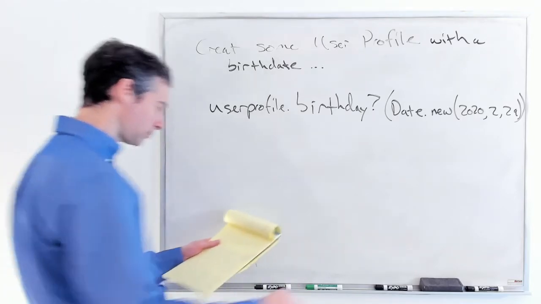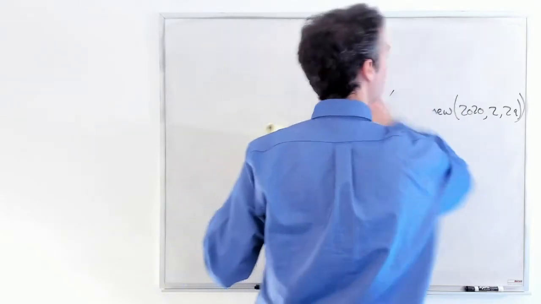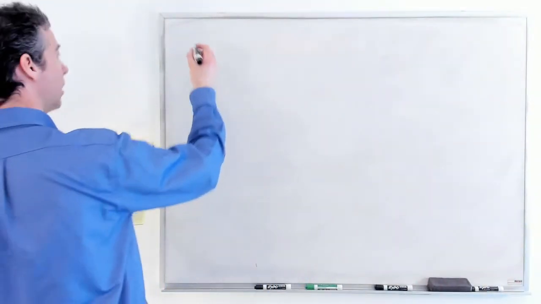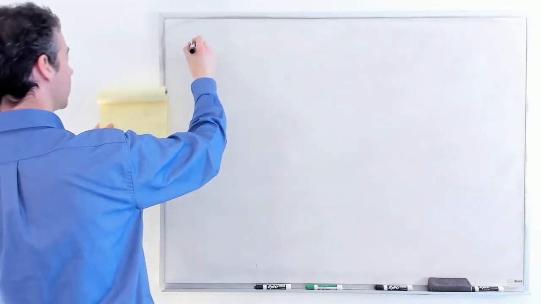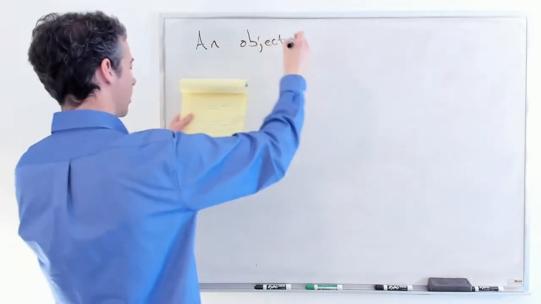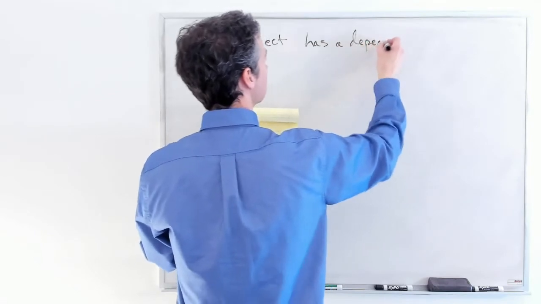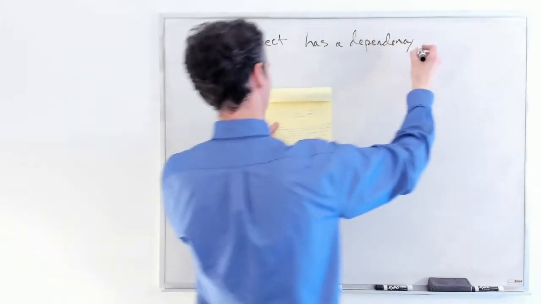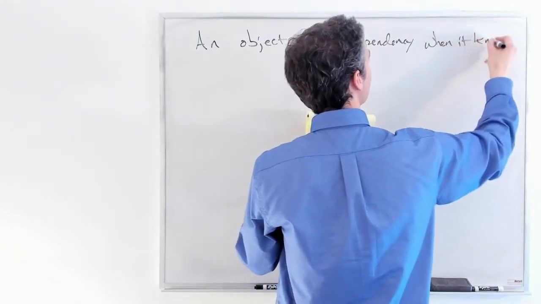Now, there are multiple ways that you can end up being dependent on another class. I'm going to take a definition from Sandy Metz's book. An object has a dependency when it knows one of the following four things.